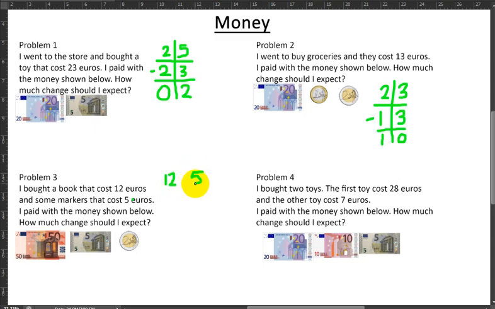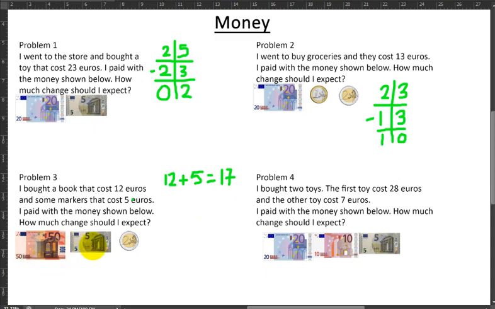And since I want to find how much they cost together, I need to add these to find the total price of the things that I bought. So 12 and 5. Okay, so 12 in my mind, and 5 on my fingers, and I start counting. 13, 14, 15, 16, 17. So together they cost 17 euros.